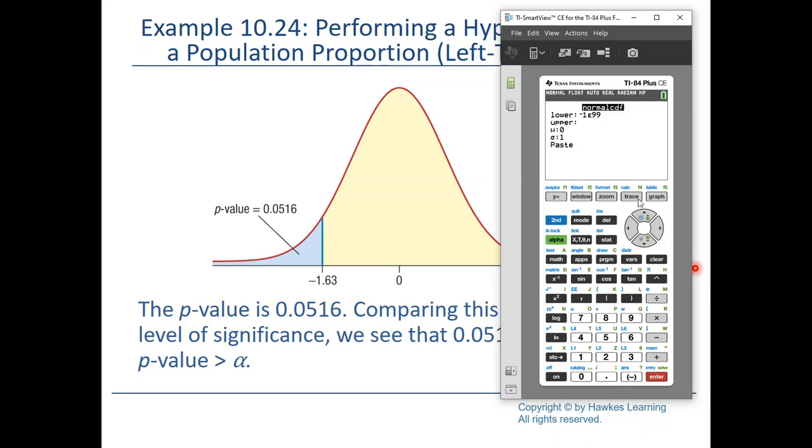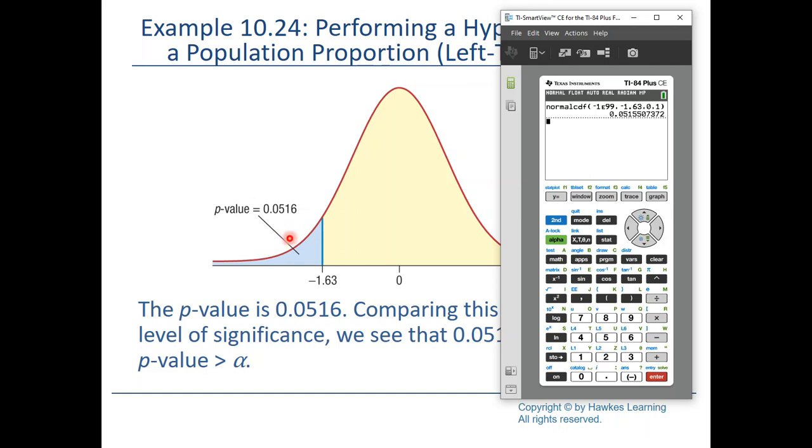And again, I've got my negative infinity, because it's a left tail test, up to this value here, which is our negative 1.63. That should be a decimal there, hang on. And again, this was a z value we were talking about here, so I can use 0 and 1 and keep going. And we get 0.0516, which is again the same thing that I get from the table.